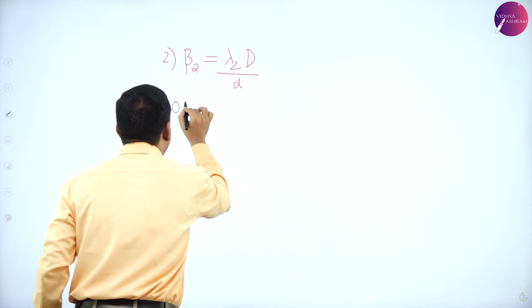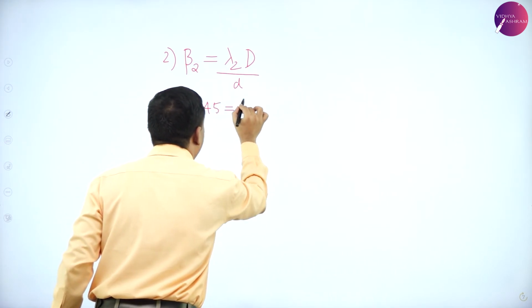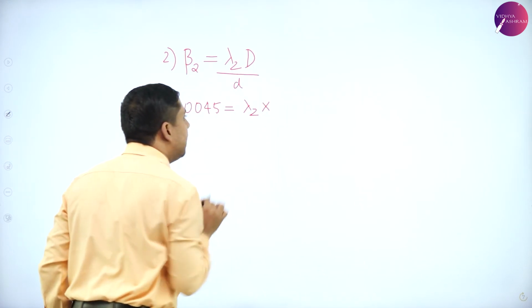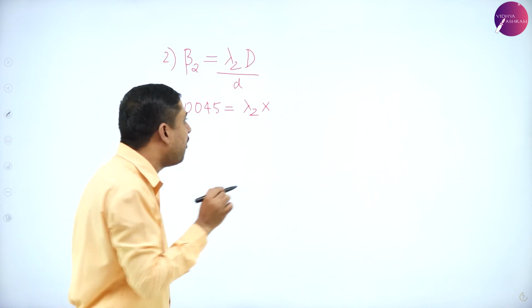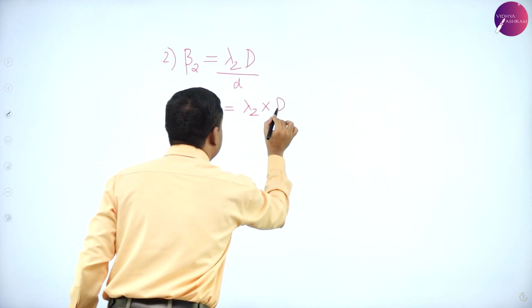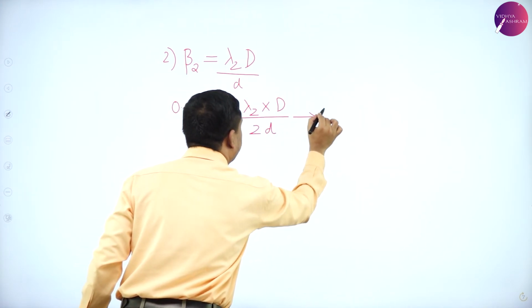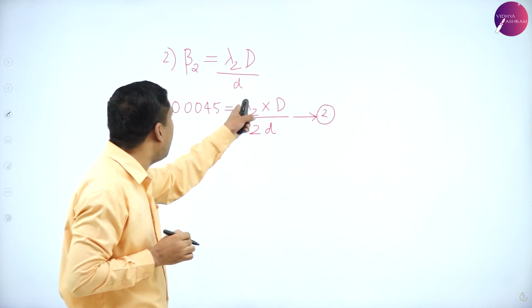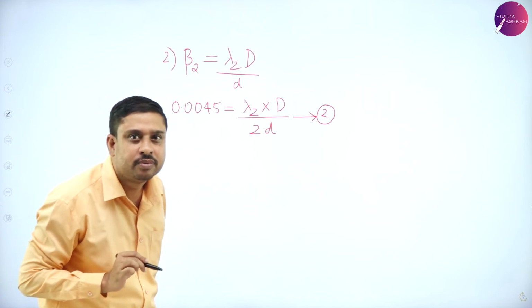So 0.0045 equals lambda 2 into, now D becomes D by 2, half of the previous value, so D divided by 2d. I call this equation 2, from which now I have to calculate lambda 2.